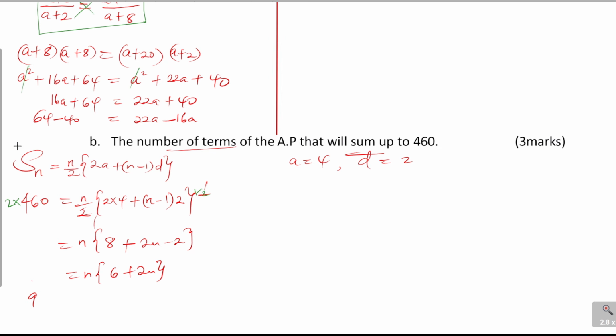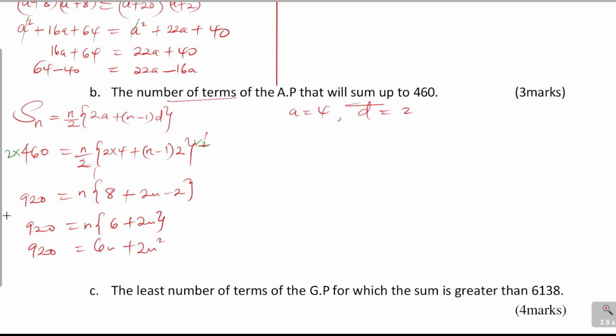When you multiply 460 by 2, you get 920. Sorry for that. So 920 is equals to 6n plus, just opening the brackets here, 2n times n, 2n squared, like that. So you can see you are forming a quadratic equation.